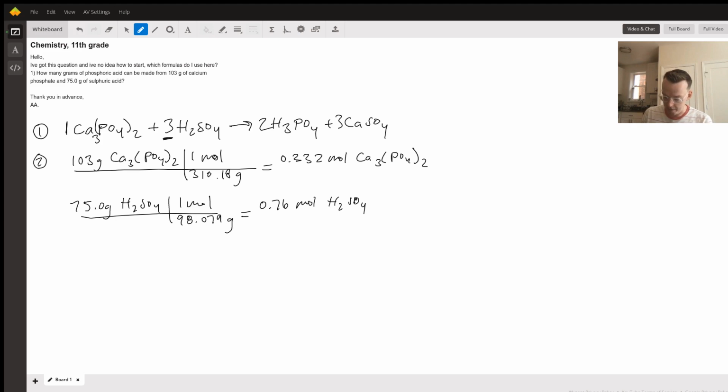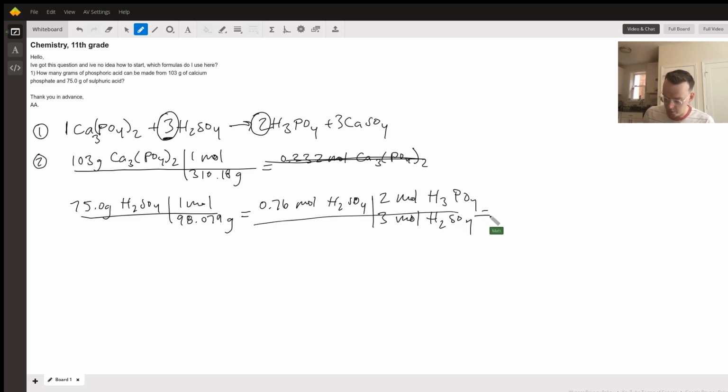So basically now that we know that sulfuric acid is our limiting reagent, we don't even have to worry about this anymore for the rest of the problem. So we're going to be dealing with this 0.76 for the rest of the problem. And now we're going to take into consideration the mole ratios of the reactants and the products. So looking at our coefficients here, for every 3 moles of sulfuric acid, we produce 2 moles of phosphoric acid.